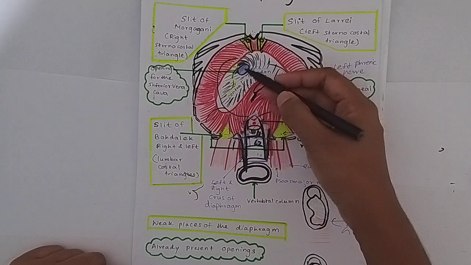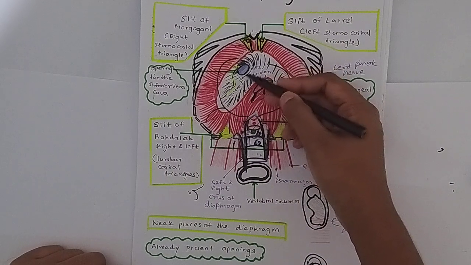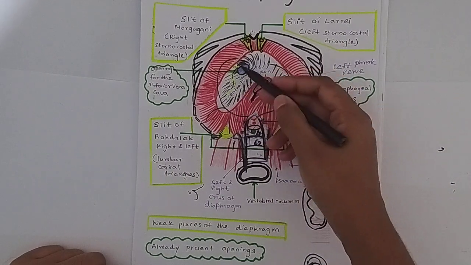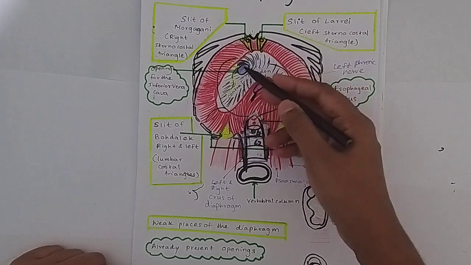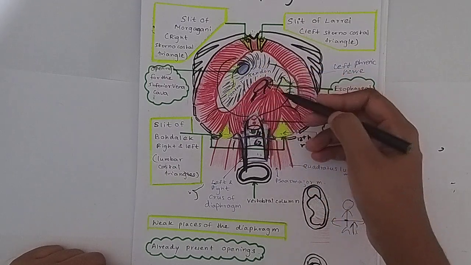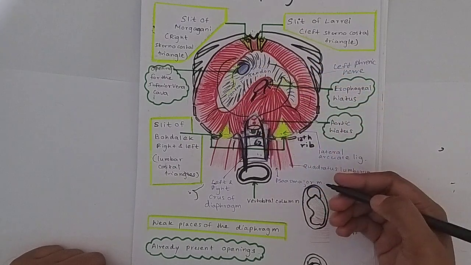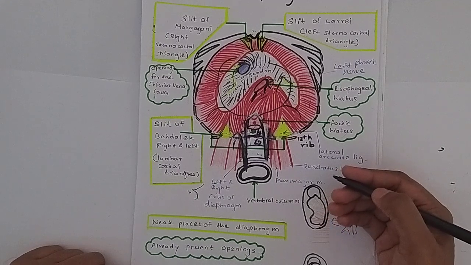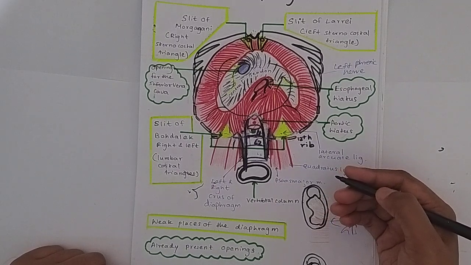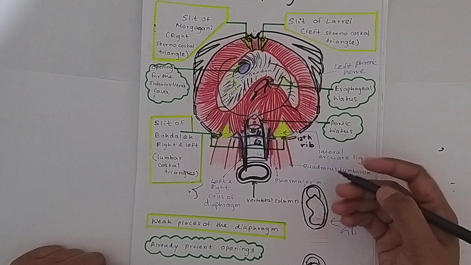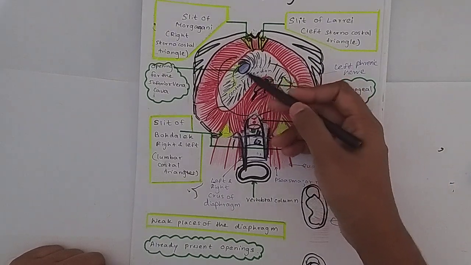The next one is the opening for the inferior vena cava. It is situated in the central tendon, so we don't need a special tendinous band around it because it is already in a tendinous part. So there will be no compression of the vein.